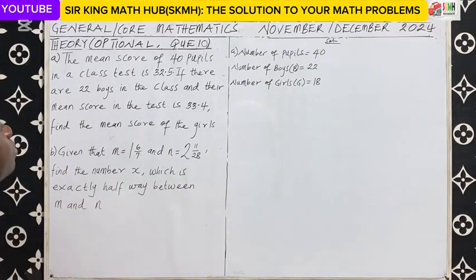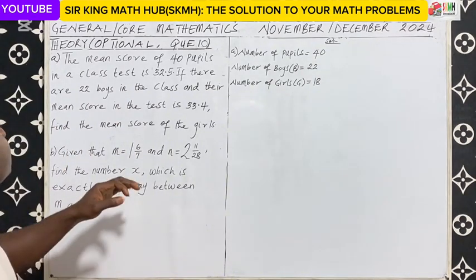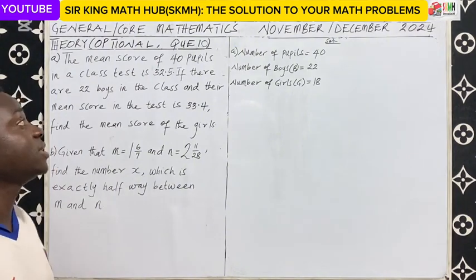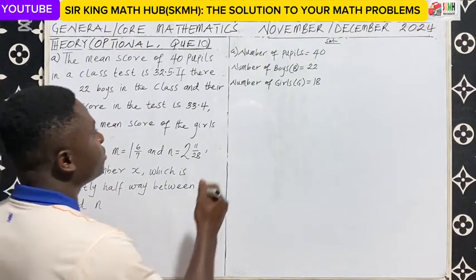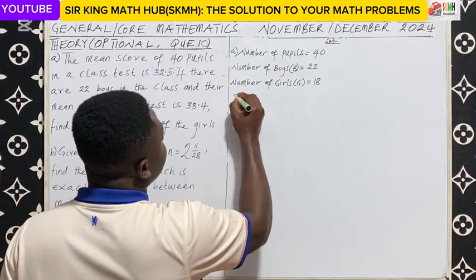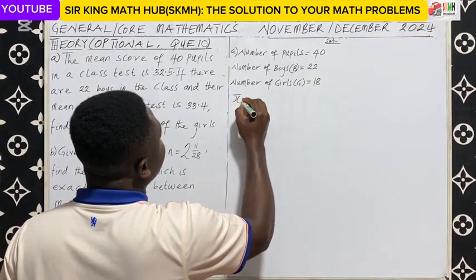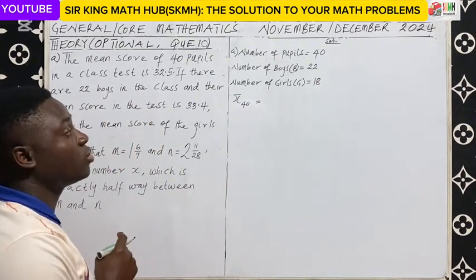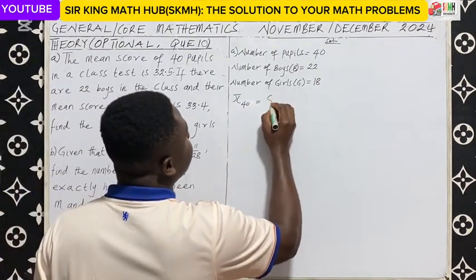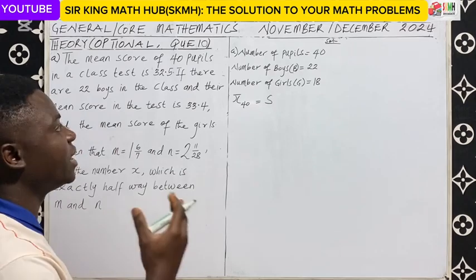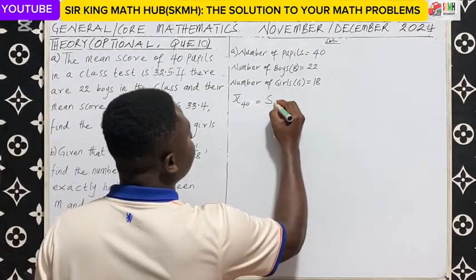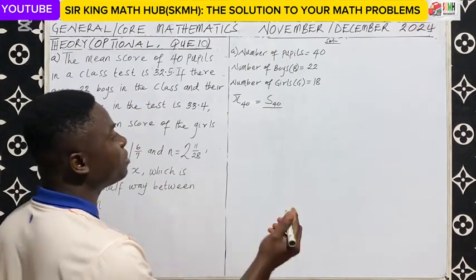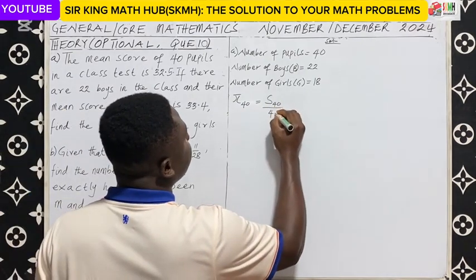Now, we were told that the mean score of 40 pupils in the class test is 32.5. So we know that the mean score of 40 pupils in the class should be equal to the sum of the individual scores of the 40 people divided by the number of people, which is 40.